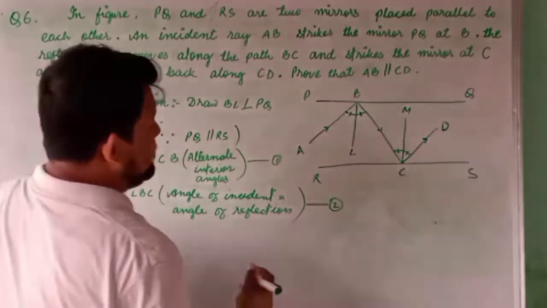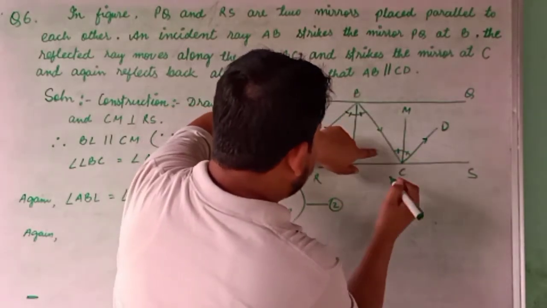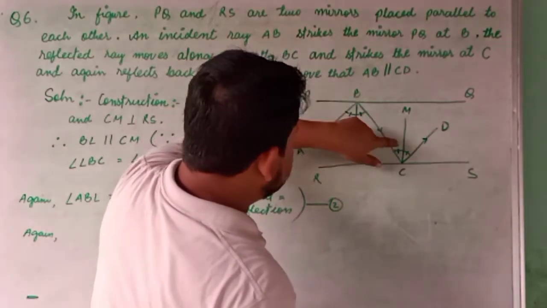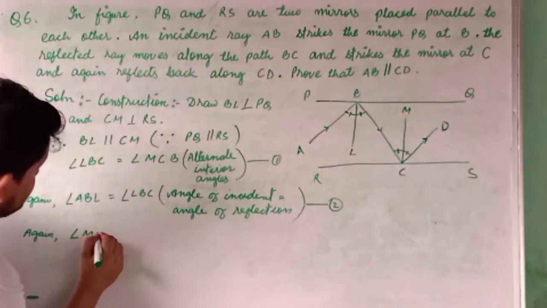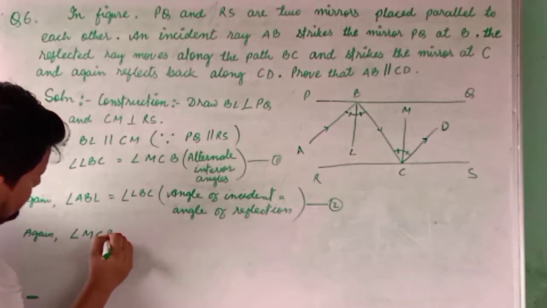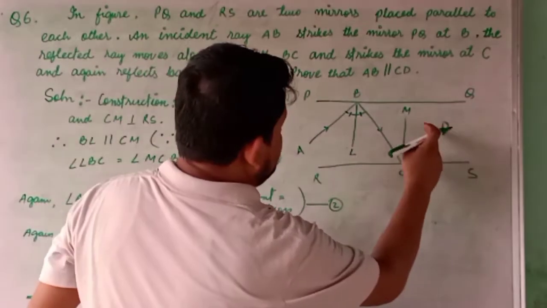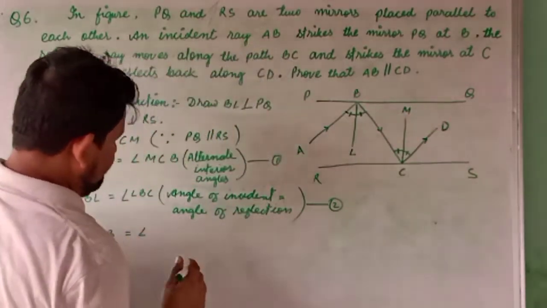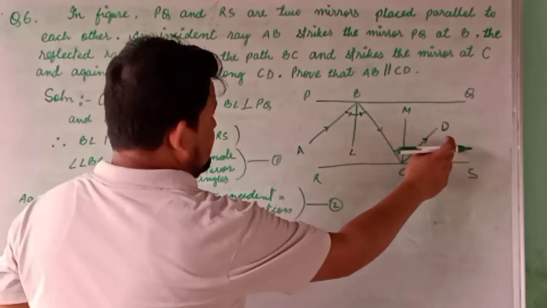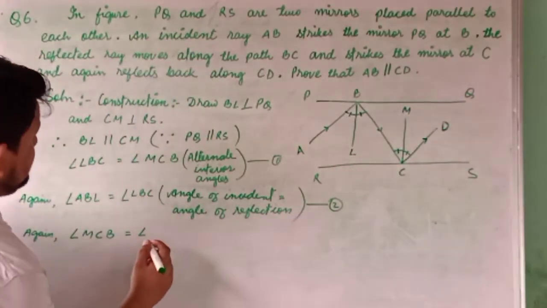So again here also what I am going to get, angle MCB, this angle. Am I right? Angle MCB, this angle, is also equal to angle MCD, or DCM, you can say either one. So let us write MCD.